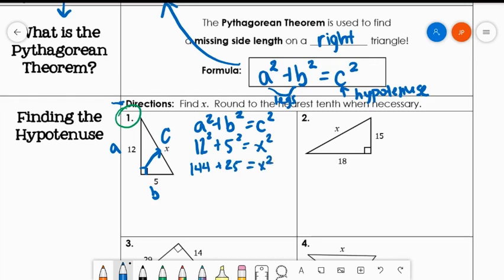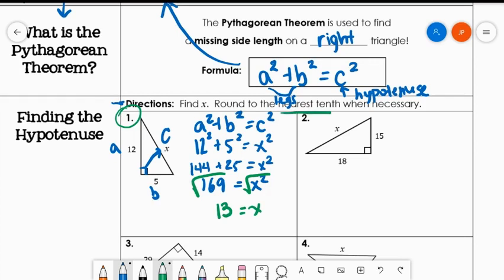Then I'll add those together, and I got 169 equals x squared. Now we talked about putting that in Desmos the other day. To undo that x squared, you take the square root of it, which leaves me with just an x. When I put 169 in my calculator, it's going to give me x equals 13.